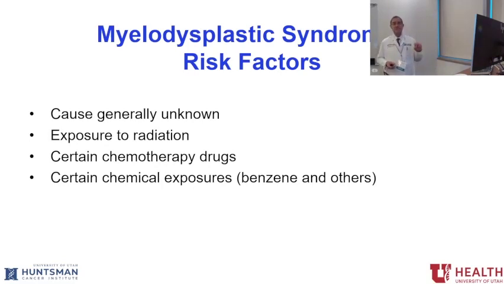Likewise, there are certain chemotherapy drugs that could be used to treat another cancer that could potentially cause enough of these mutations, enough damage to the DNA code to trigger the process or increase the risk of developing myelodysplastic syndrome. And then there are certain industrial chemicals, like certain solvents that people could work with. An example is benzene. All this could potentially increase the risk of developing myelodysplastic syndrome.